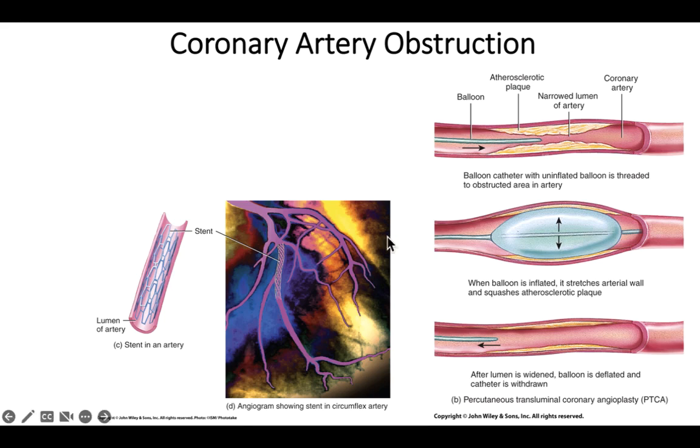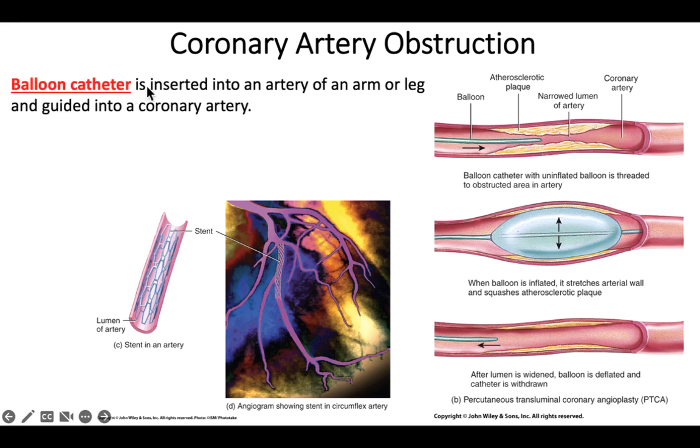So this is a slide showing coronary artery obstruction, opening it up using a balloon catheter. A balloon catheter is inserted into an artery of an arm or a leg and guided into that coronary artery. This is the atherosclerotic plaque that is reducing the diameter of this coronary artery.